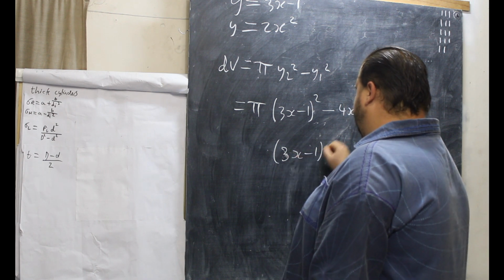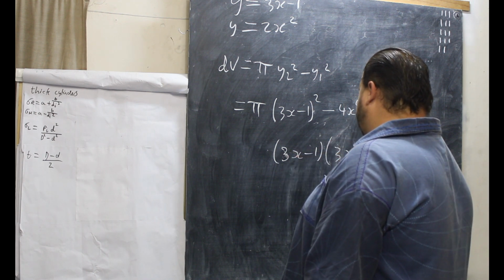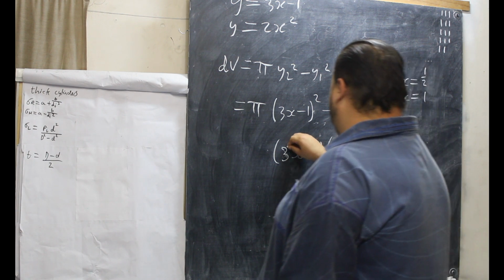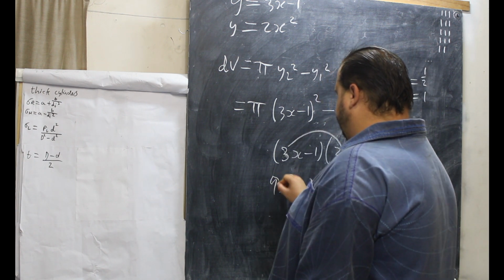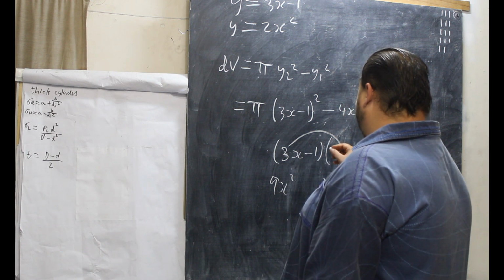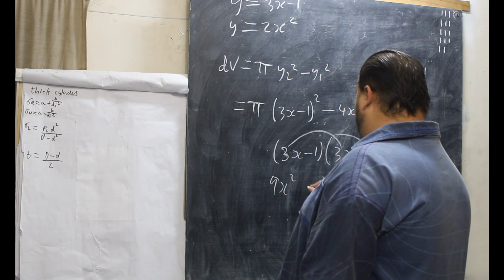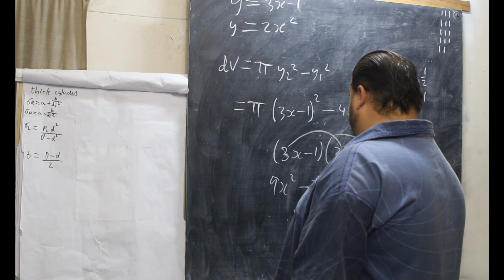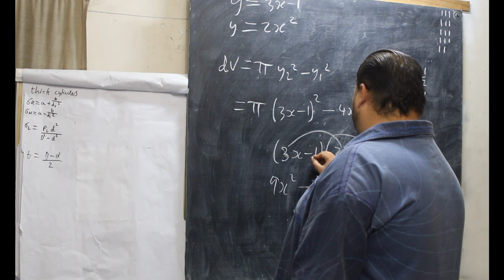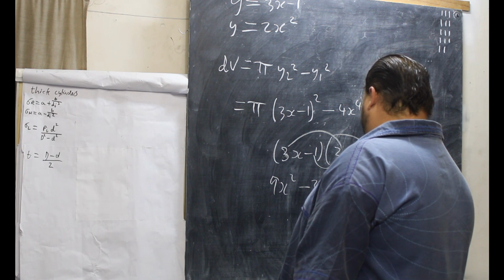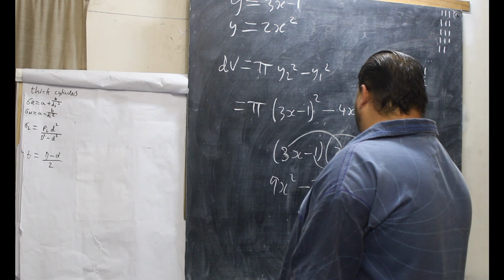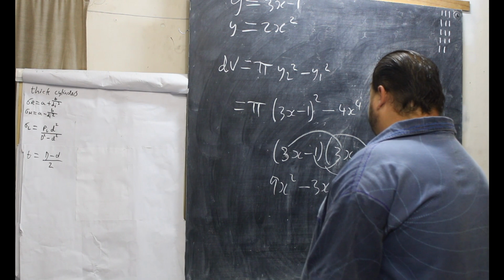3x minus 1 times 3x minus 1. Okay, 3 times 3, 9x squared. Minus 3x, minus 3x, plus 1.